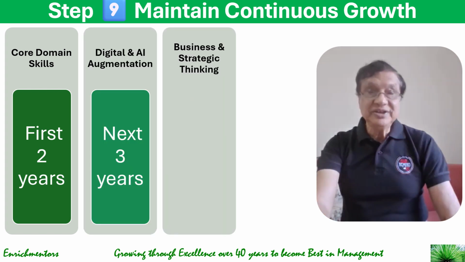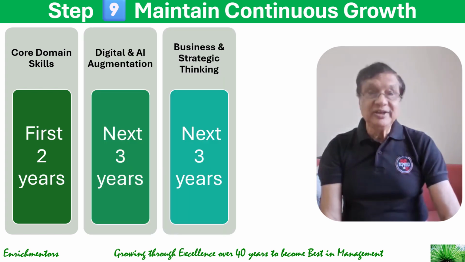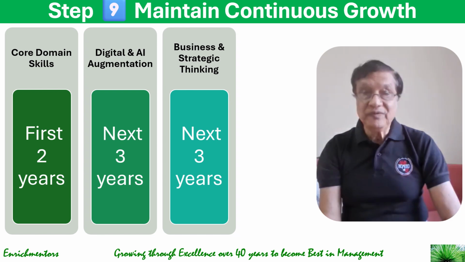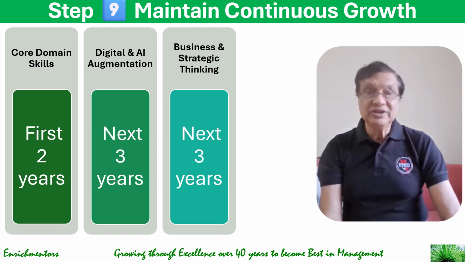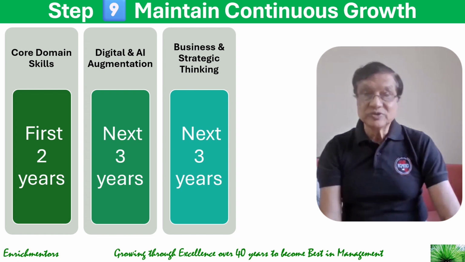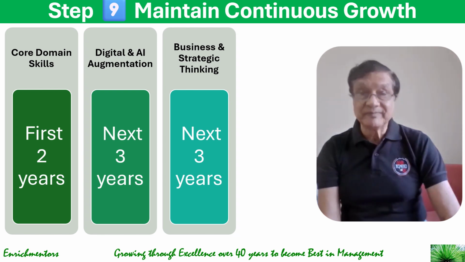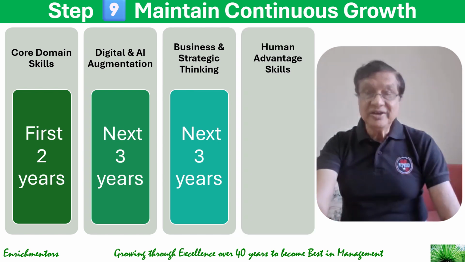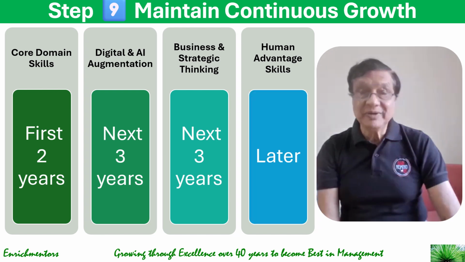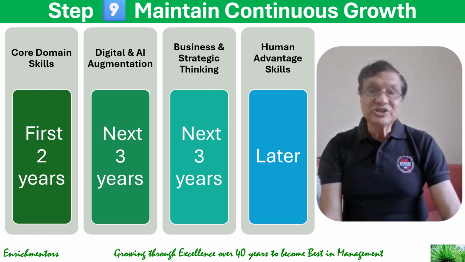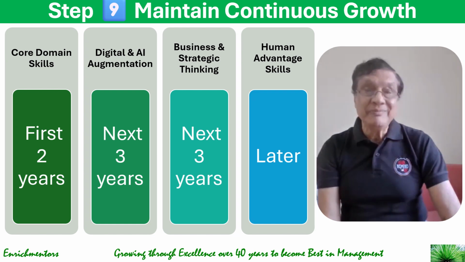Now, in the next 3 years, you could then look at layer 2 and layer 3, digital and AI augmentation and business and strategic thinking. So 3 years would go into that, right? And then for human advantage skills, you need a lot more time again later on. So that's where you keep doing it, but you do all layers at the same time.